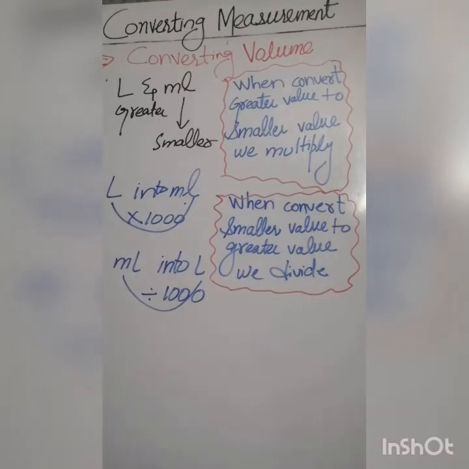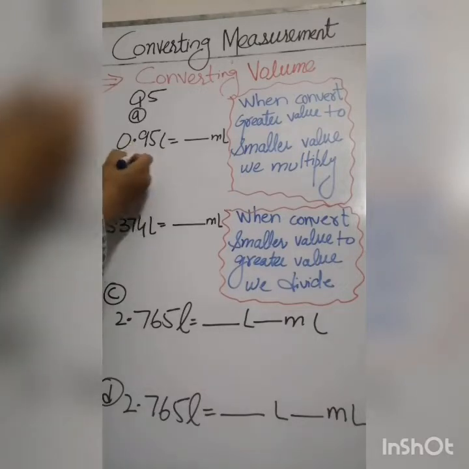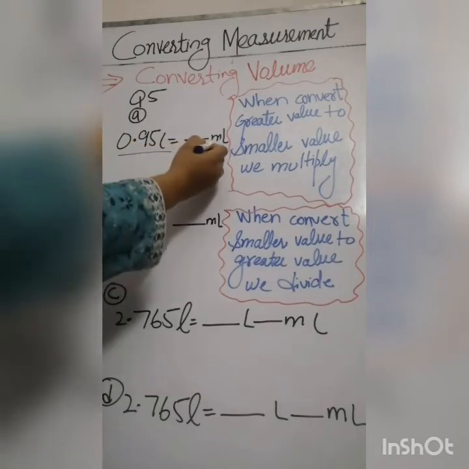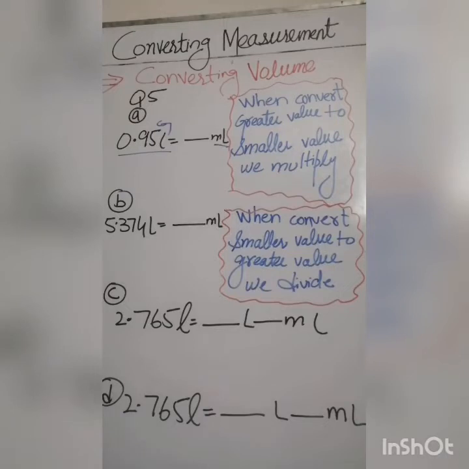Now let us explain from our textbook questions. Let us start from question number 5. We have 0.95 liters. We convert 0.95 liters into ml. Liter is a greater value. ml is a smaller value.